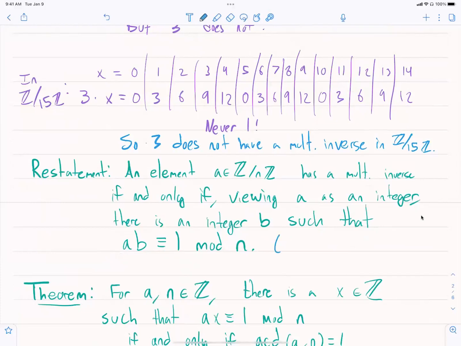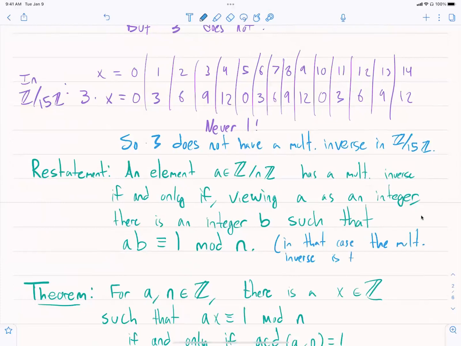So in that case, the multiplicative inverse is B, but I said any integer, so B could be really big.